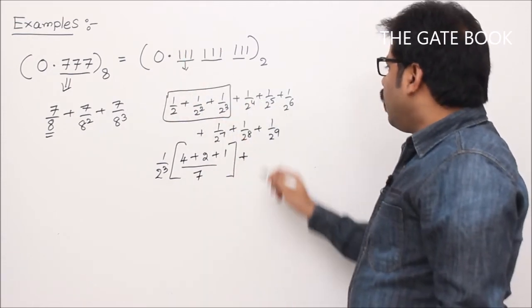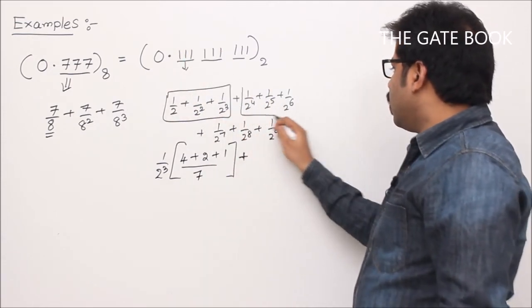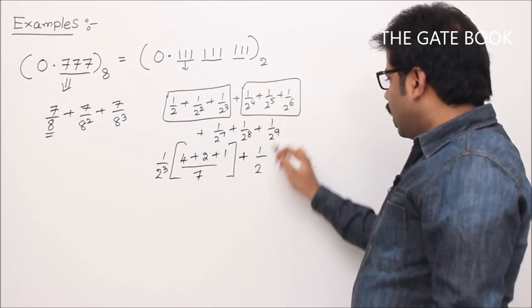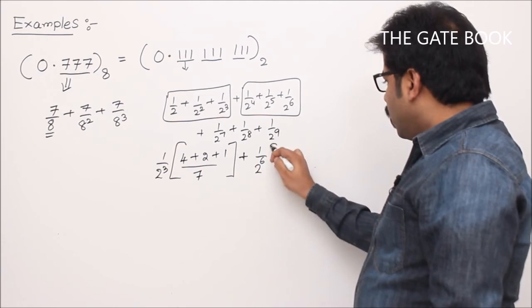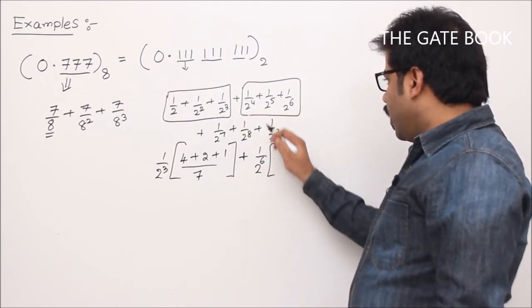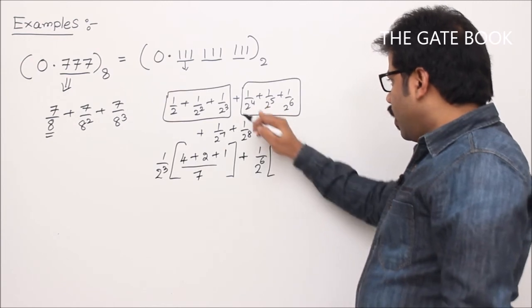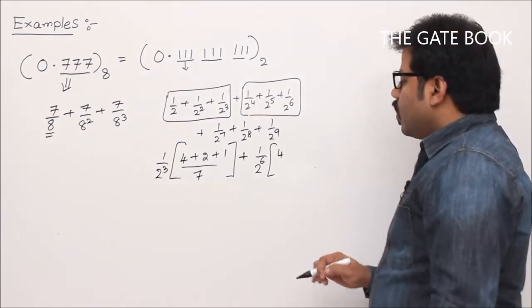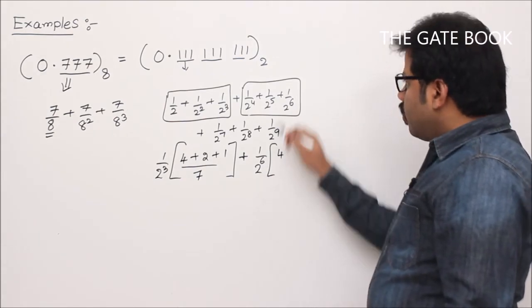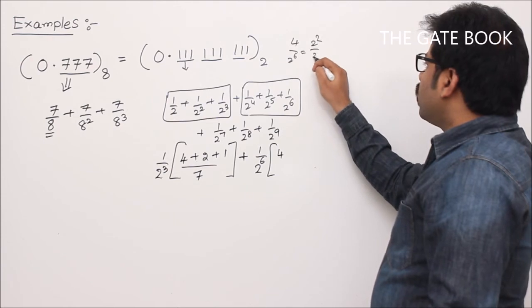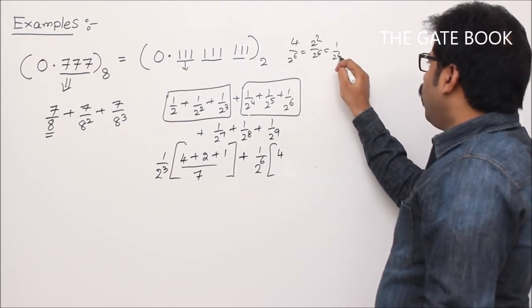Similarly here, if you have this area, this can be represented as 1 by 2 power 6. I take common this time, then it would be the same story. 1 by 2 power 6, if I take common here, you get 1 by 2 square into 1, 4. Try to understand. 4 by 2 power 6 is 2 square by 2 power 6, which is nothing but 1 by 2 power 4, right?